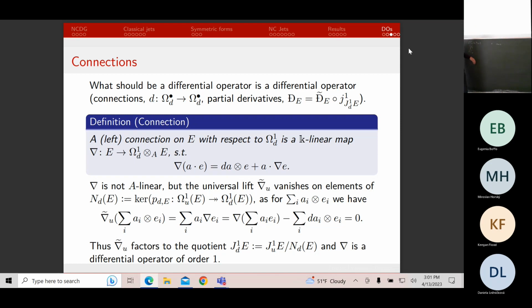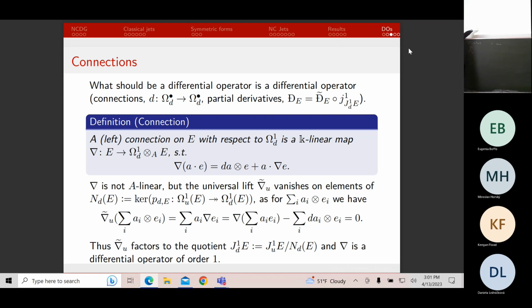Now let's see the particular case of connections, just to give an idea. Connections can be generalized to the non-commutative setting by taking a map from E to one-forms in E, such that it satisfies the Leibniz rule. This is basically repeating the definition of the classical case in the non-commutative setting. And it turns out connections are always differential operators. This is the way we lift it.